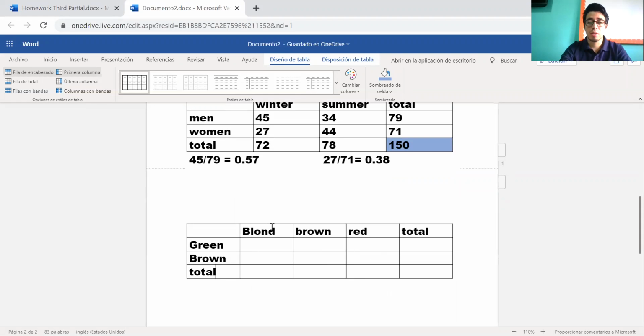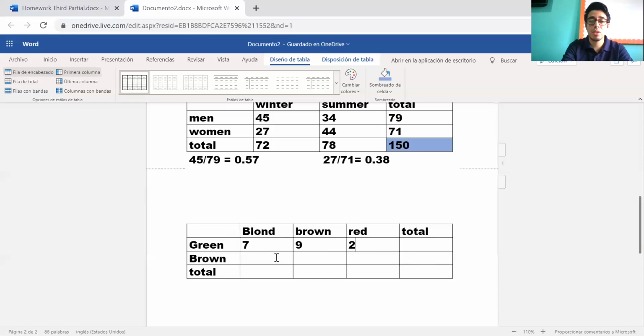How many people have blonde hair and green eyes? 7, right? You obtain this by reading the exercise. Of those who had green eyes, 7 are blonde, 9 had brown hair, and 2 had red hair.